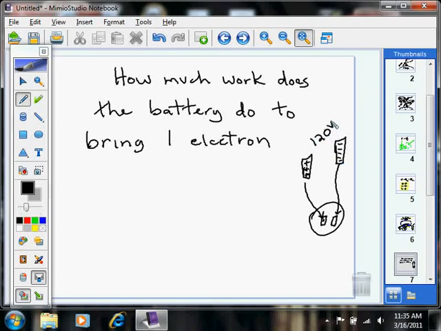A standard car battery, I think, is like 12 volts. I don't know how high the batteries go. I'll have to look that up.